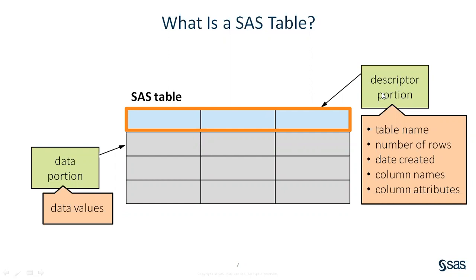So a table saved in SAS always has two portions: the descriptor portion and the data portion. The data portion is nothing but the data values, whereas the descriptor portion has information about the table: the name of your table, number of rows, date when the table was created, name of the columns, and column attributes.